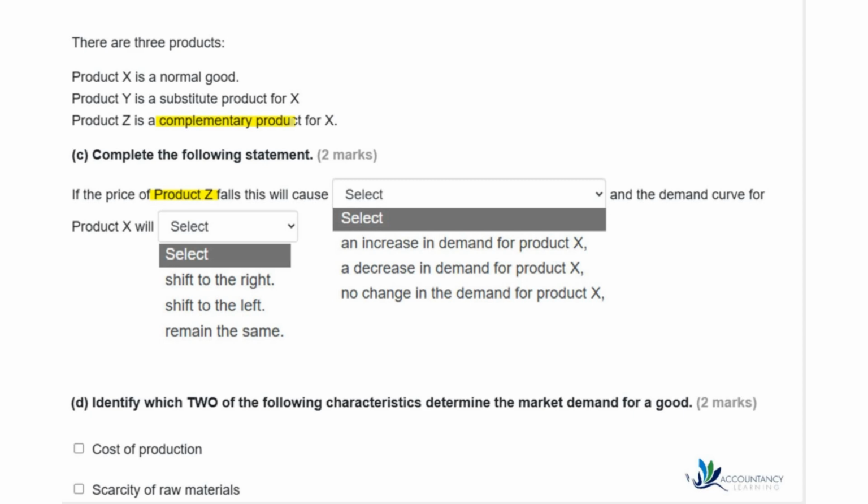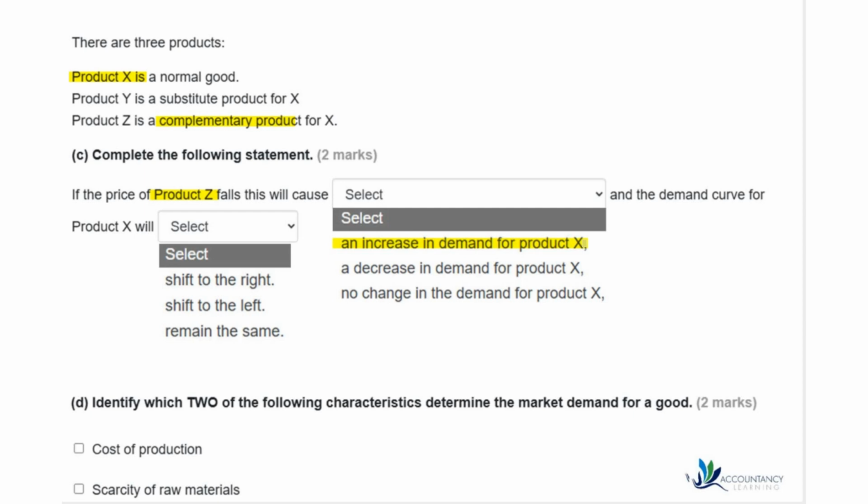What we want to look at is the demand for product X. If the price of product Z falls, it means the complementary product costs less, so we would expect to see an increase in demand for product X because this complementary product is now cheaper. So they would then buy product X because the complementary product, product Z, is cheaper.